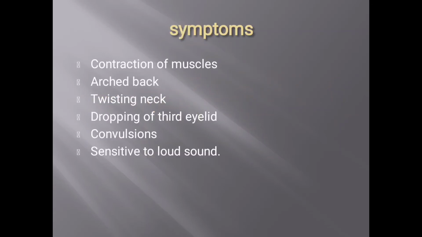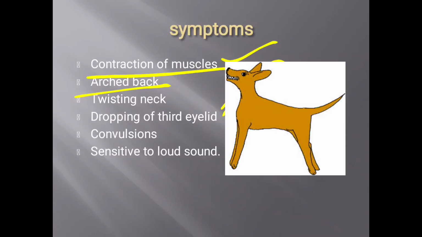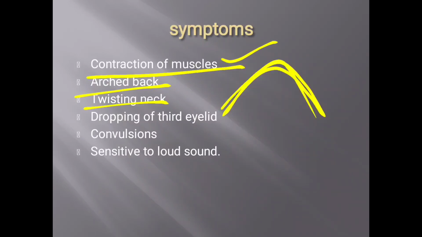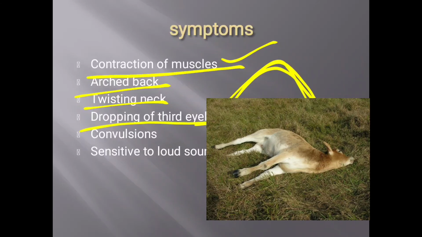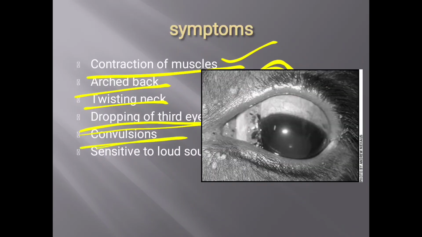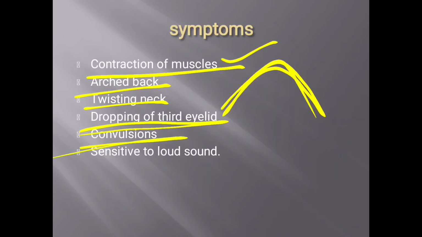Let us come to the symptoms of tetanus. Severe contraction of muscles, an arched back and a twisting of the neck, then drooping of the third eyelid, convulsions and sensitivity to loud sound.